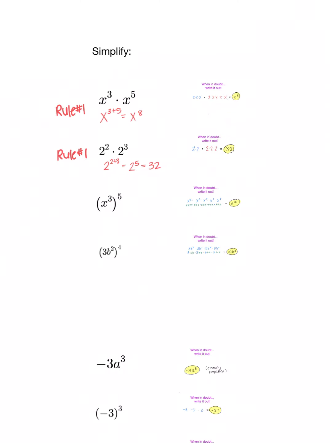Our rule number 2 says that I can multiply the exponents, which would be x to the 15th. Now we notice that when we wrote it out, that same thing was true. We wrote out our x cubed 5 times, and we saw that we had 15 x's being multiplied. So a shortcut is to use rule number 2.